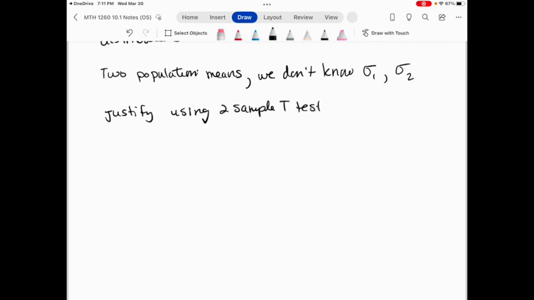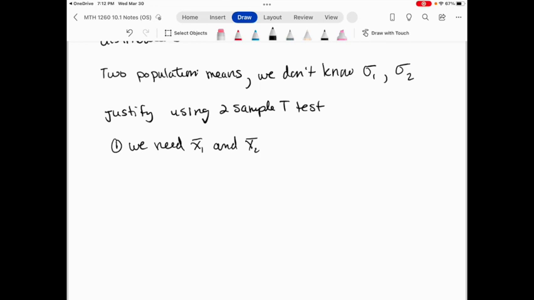Now, to justify using a two-sample t-test on our calculator, this is what we need to make sure happens. We need to know x1 bar and x2 bar.